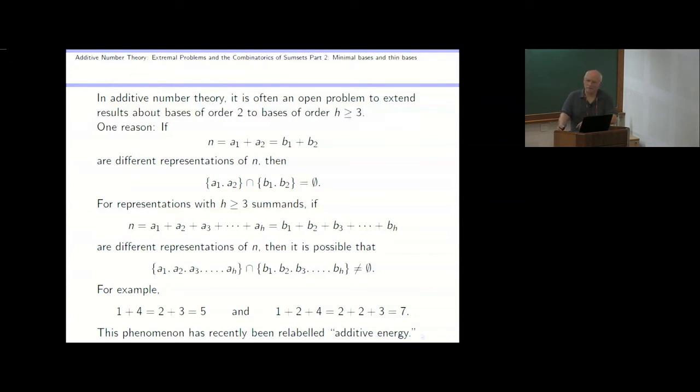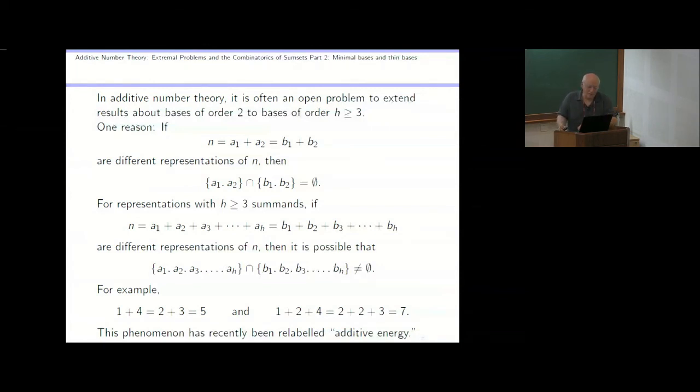This phenomenon has been relabeled; there's now a whole subject about additive energy. But it basically comes down to the fact that you can have multiple representations with the same summands.